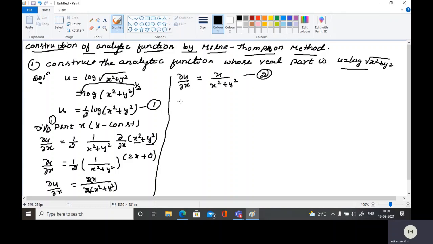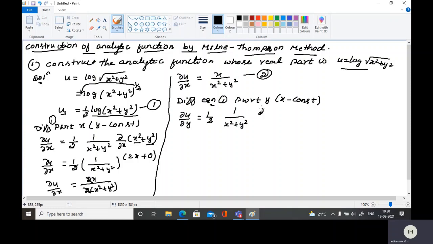So I want dou u by dou y also. So differentiate equation 1 partially with respect to y, keeping in mind x constant. Therefore, differentiation of u partially with respect to y is dou u by dou y is equal to 1 by 2 constant. Differentiation of log of x square plus y square is 1 by x square plus y square, because it contains y also, into dou by dou y of x square plus y square, inner function differentiation.